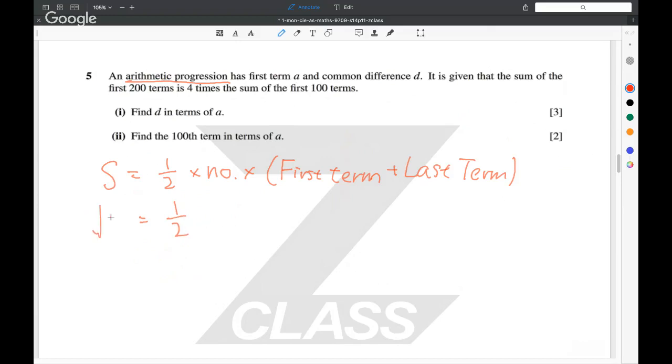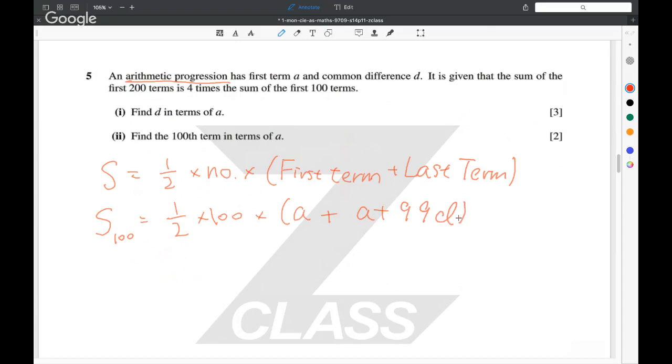So the first 100 terms will be a half times 100 times a, which is obviously the first term, plus a plus 99d.